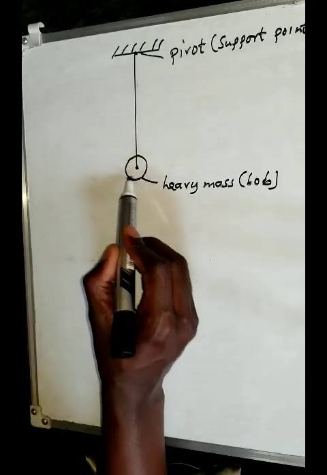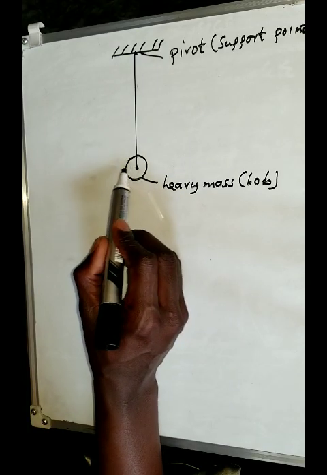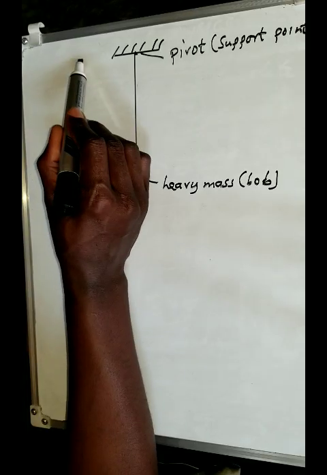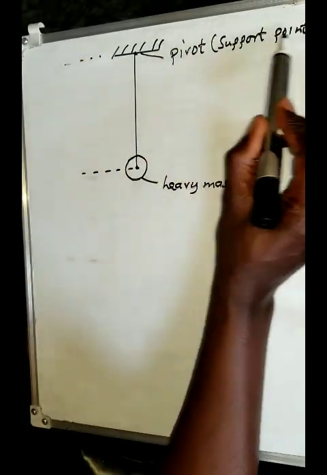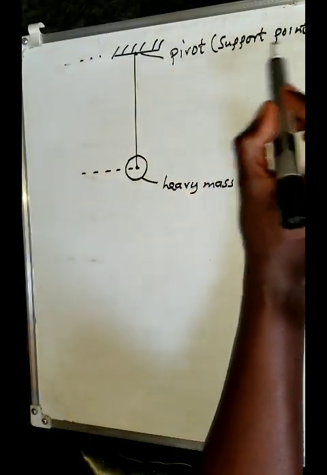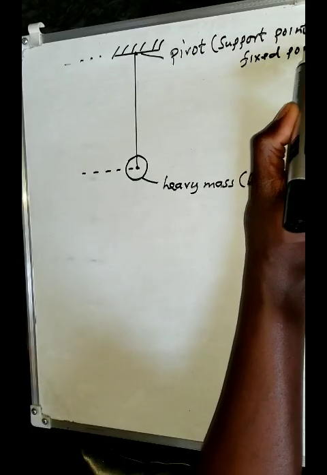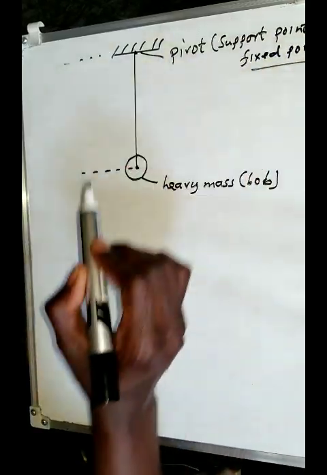For example, if this is the bulb, if you are to measure from the center of the bulb to the support point or the fixed point, the support point sometimes may also be called the fixed point, which I'm also calling the pivot.